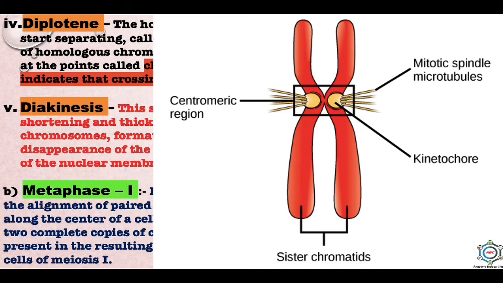Here you can see each homologous chromosome has 2 kinetochores, one for each of its two chromatids. The two kinetochores of its homologue join the opposite spindle pole. So this is the metaphase in case of meiosis.